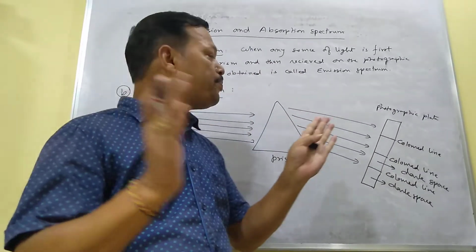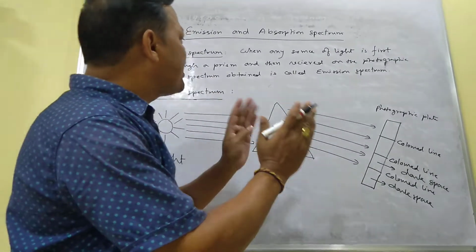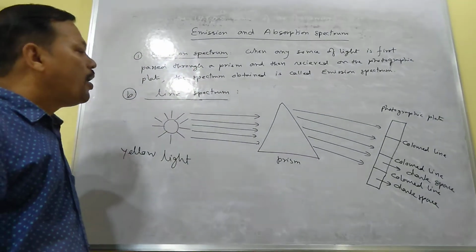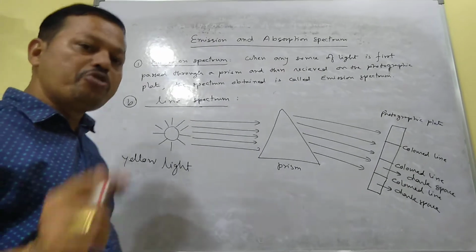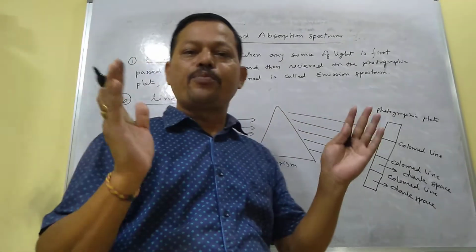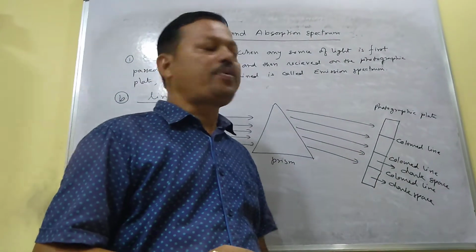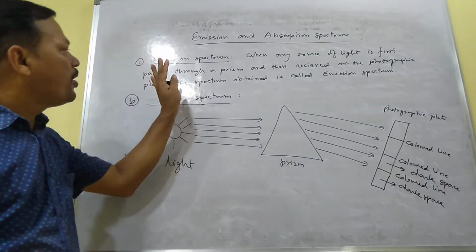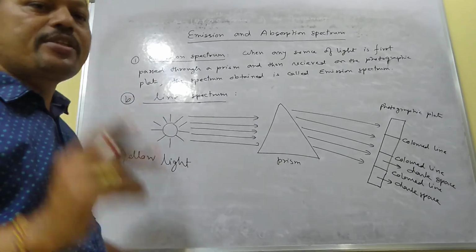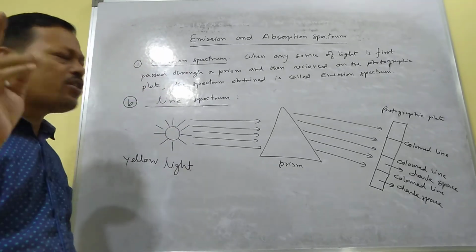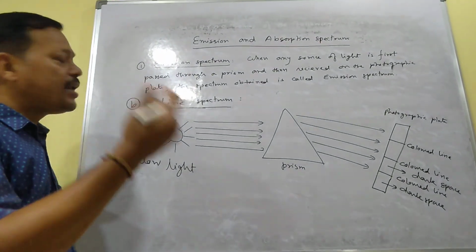So in this way you will get the lines, and these are called the line spectrum. Always remember, atoms generally produce colored light, and that is why atoms always show line spectrum. So this is about the emission spectrum. Emission spectrum has two types, continuous spectrum and line spectrum.